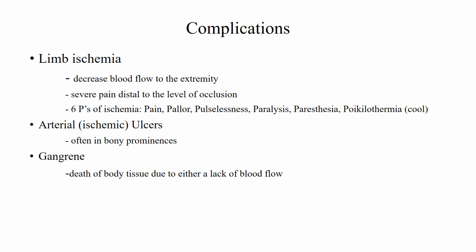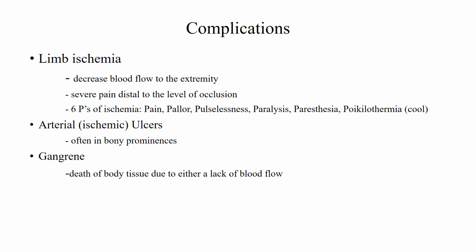So complications of peripheral artery disease involve limb ischemia, or decreased blood flow to the extremity. There is severe pain distal to the level of the occlusion. There are 6 P's of ischemia that our book mentions.